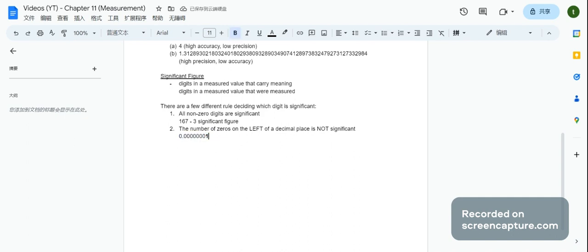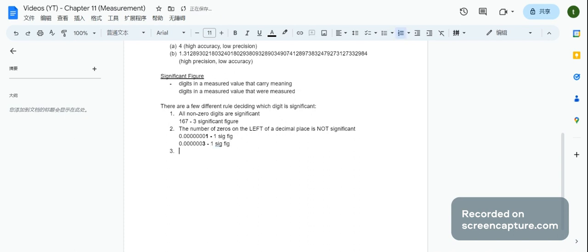Therefore, it would have only one sig fig. And if we do another example, we can see that this is a decimal place, this is a 3, and there are zeros on the left of this. So they are also not significant. In this case, we would also have one sig fig.